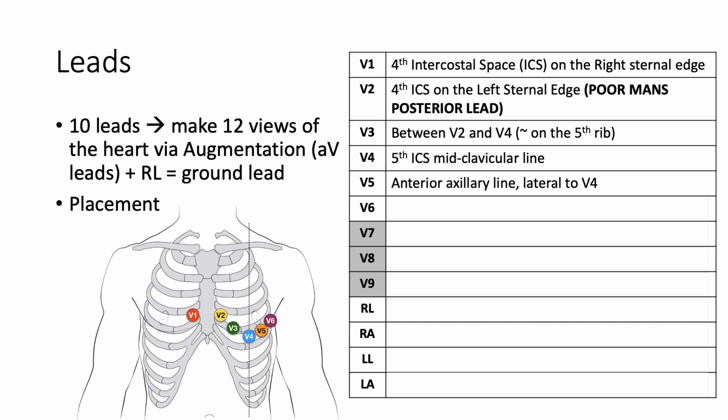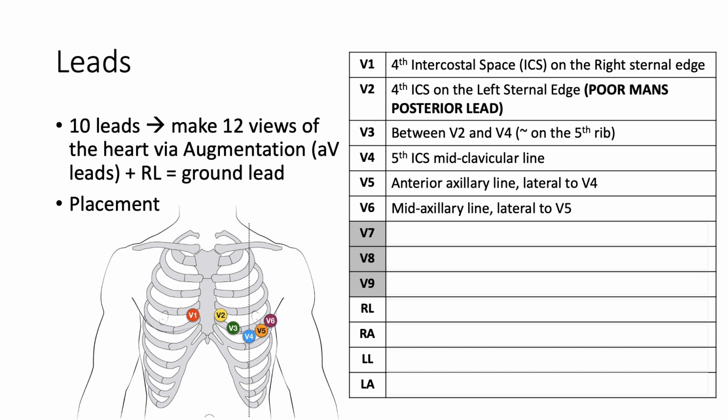V5 is the anterior axillary line, on a horizontal line from V4. So really this should be a little bit lower and probably a little bit further in, but obviously on a 2D image we'll forgive them. V6, again, is mid-axillary line, lateral to V5, just on a horizontal.